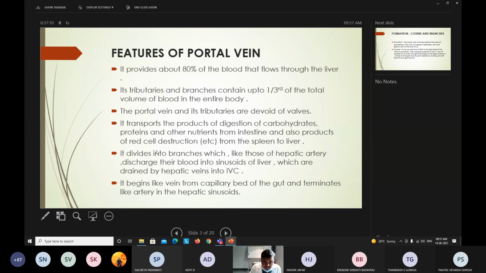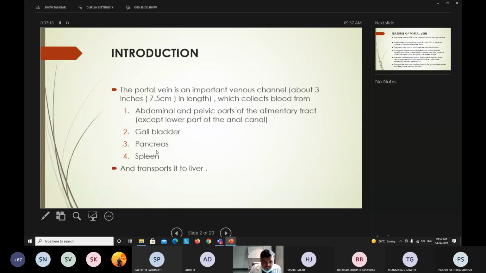As I told, it mainly drains the venous blood from the intestine. It drains the blood from the abdominal part and pelvic part of the alimentary tract, except the lower part of the anal canal. It also drains blood from the gallbladder, pancreas, and spleen, and transports this blood to the liver.